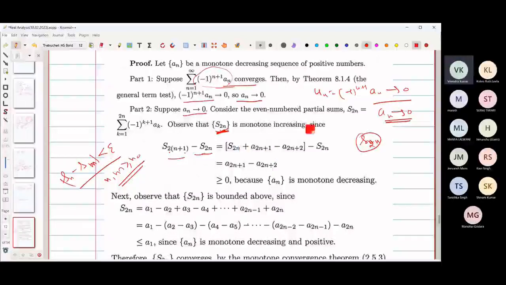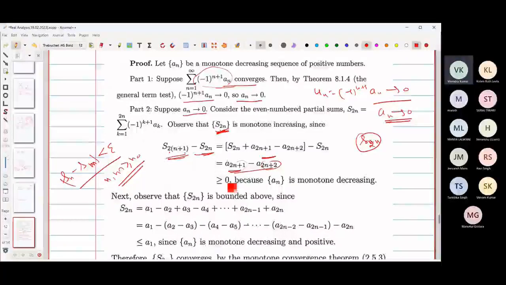Okay. So once we remove first 2n terms from 2n plus 1 terms, we are left with this one. And because the terms are decreasing, this term will be less than this, because the index is bigger than this one. Na? So this will be less than this.